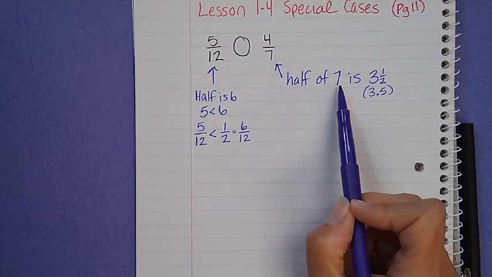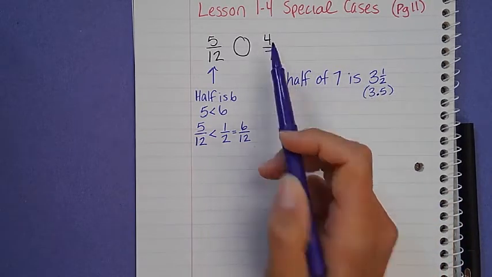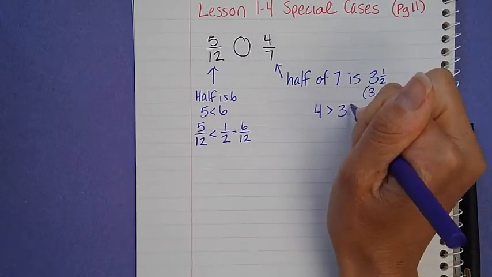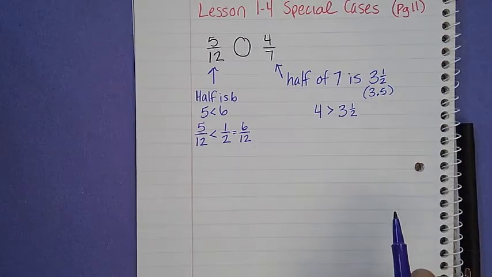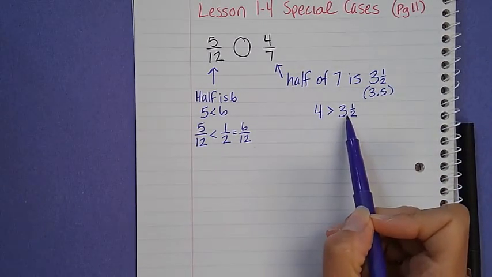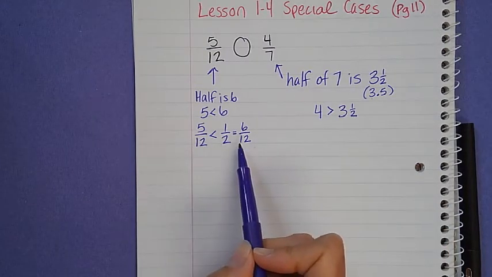Well, I said that half of 7 is 3.5, and I have 4 as a numerator. And I know that 4 is greater than 3.5. So 4/7 is bigger than 1/2. 5/12 is less than 1/2.